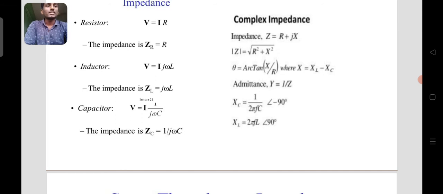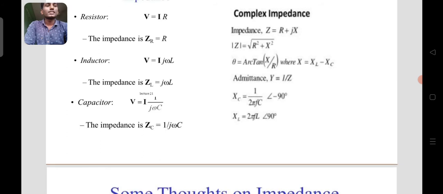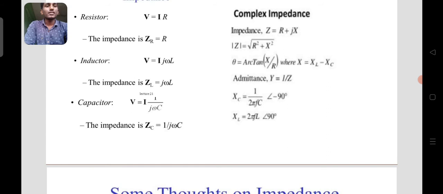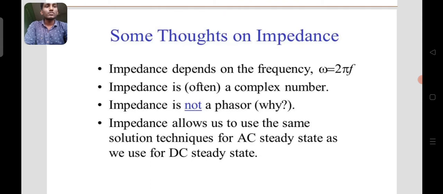Admittance is the reciprocal of impedance. Xc is equal to 1 by 2 pi fC, angle minus 90 degrees, and the reactance of the inductor is 2 pi fL, angle 90 degrees.